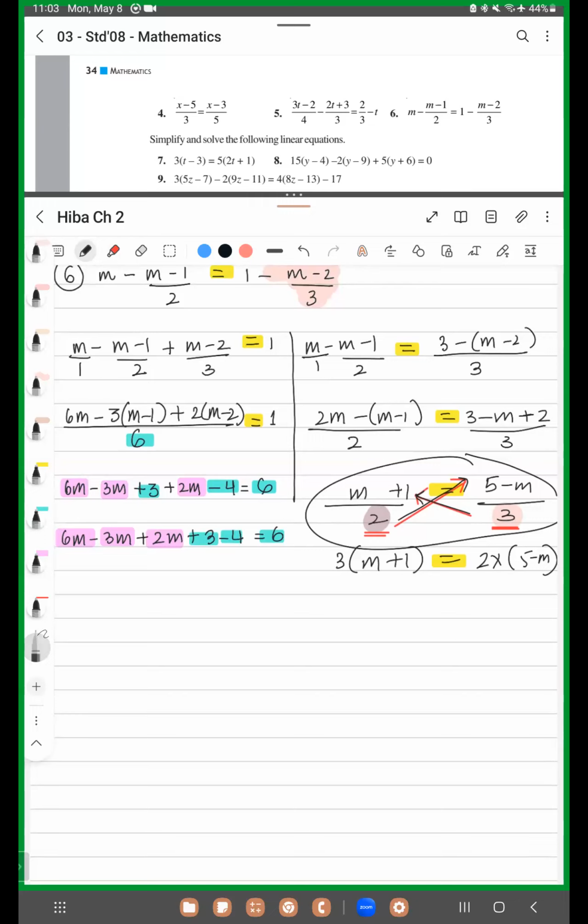Okay. See Hiba, in this chapter you're going to face a lot of decisions. The thing is, you just have to do what's right. Whether you do it this way or you do it that way, your answer is going to be the same, as long as you are doing the right thing, as in you are not making any mistakes.